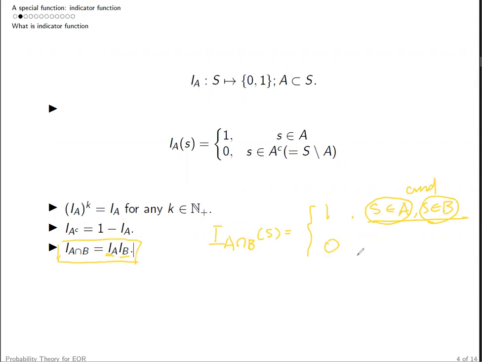And if this is equal to 0, then either s is not from A or s is not from B. In one case, I_A is 0; in the other, I_B is 0. At least one of them will be 0, so the product is 0. Therefore, both sides of this identity still represent the same function, so they are equal to each other.